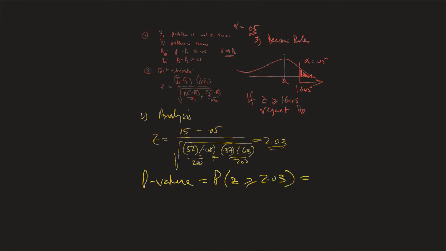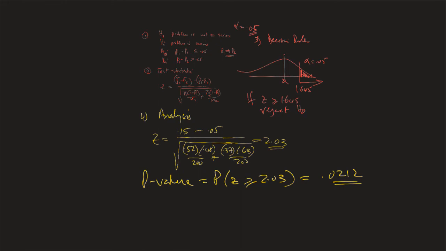When we check that out, we have a p-value of 0.0212. So as you could see, it is smaller than 5%. But if we had done the test with a 1% significance level, then that would be larger than 1%, and we would fail to reject the null hypothesis.